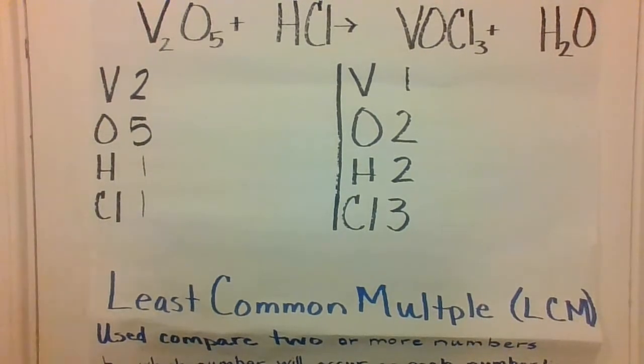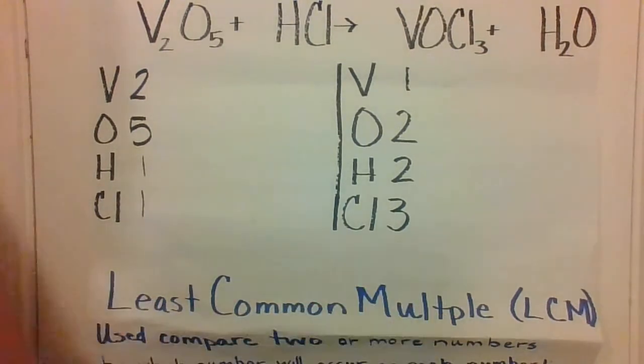And I will say one of the main things we need to recall from any of our previous courses is going to be the lesson on least common multiple that you see here at the bottom of your screen.